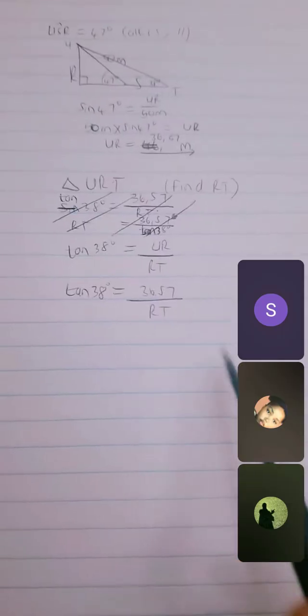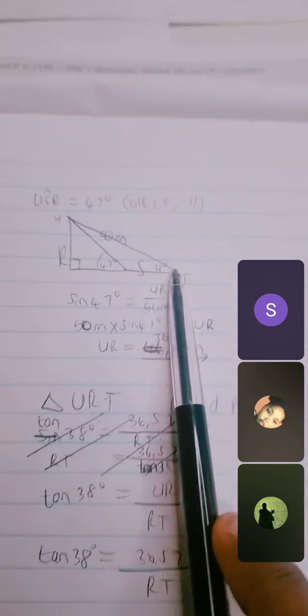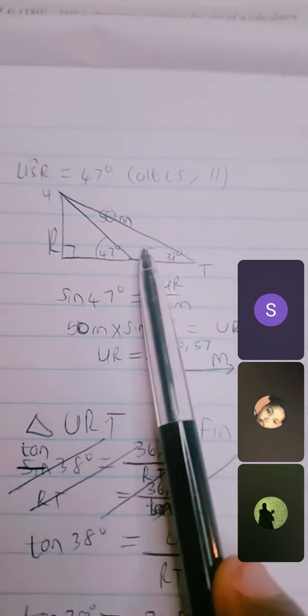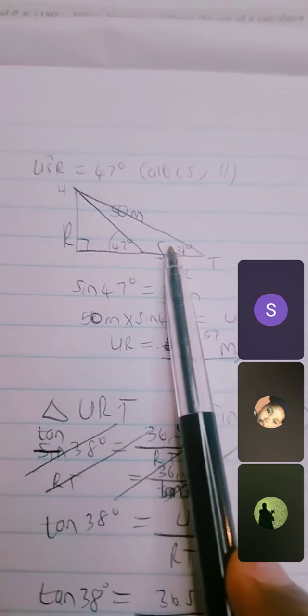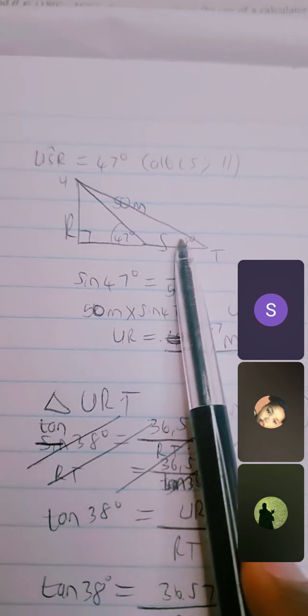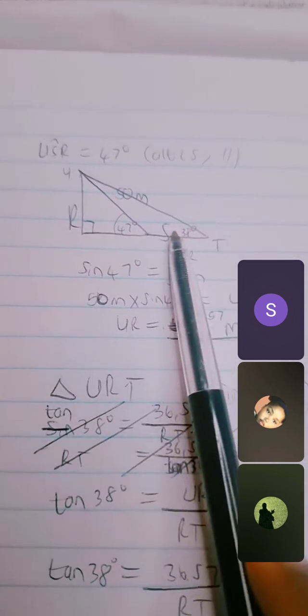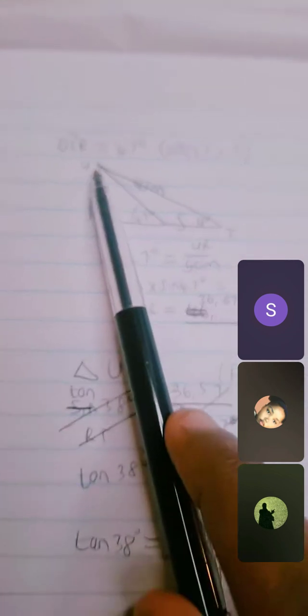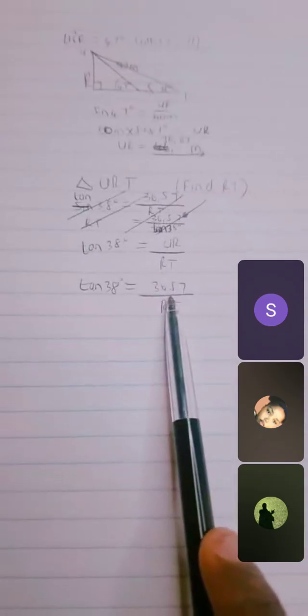So sorry guys, that was my mistake, but Ellen really helped pick that up, because even I didn't check there. The definition of this angle is the opposite side over the adjacent, so OA means tan. Tan of 38 is equal to 36,57 over RT.